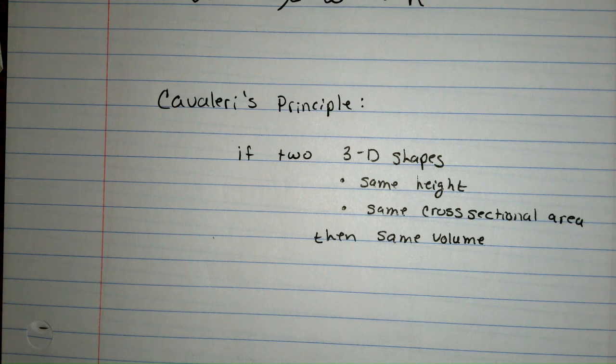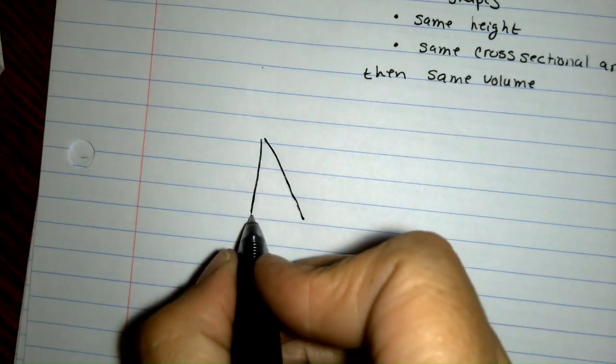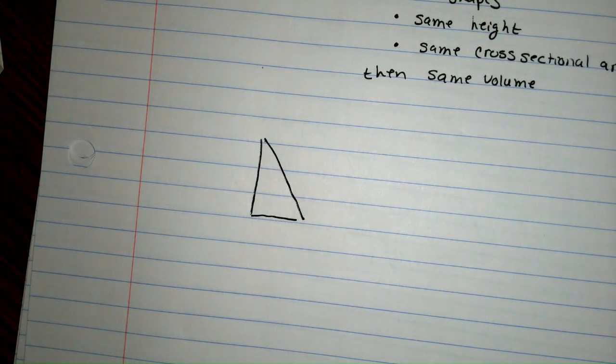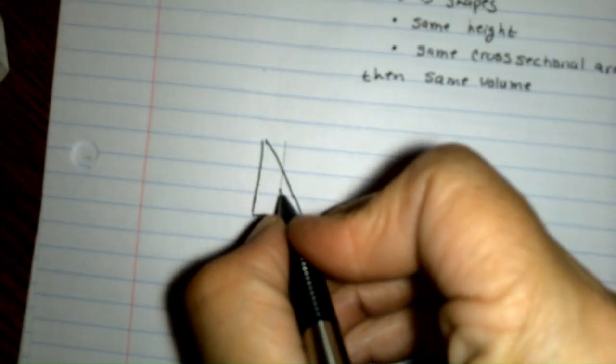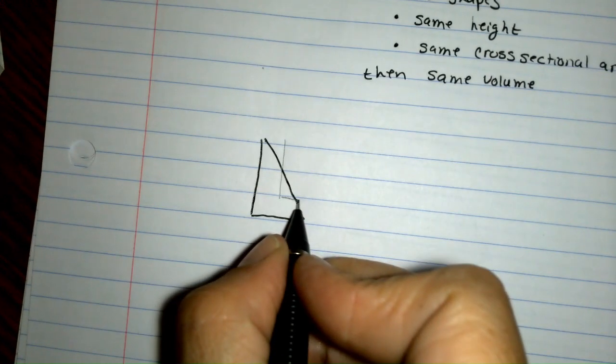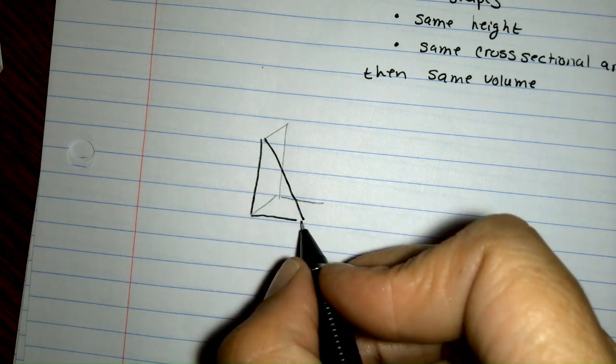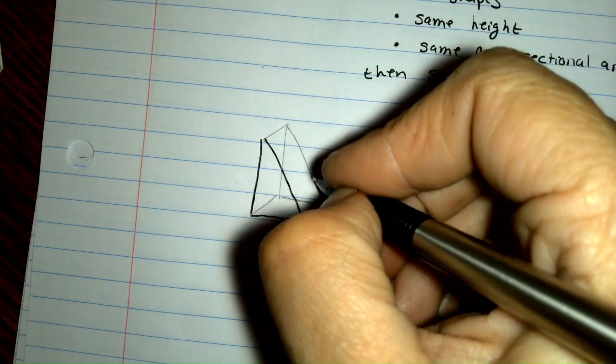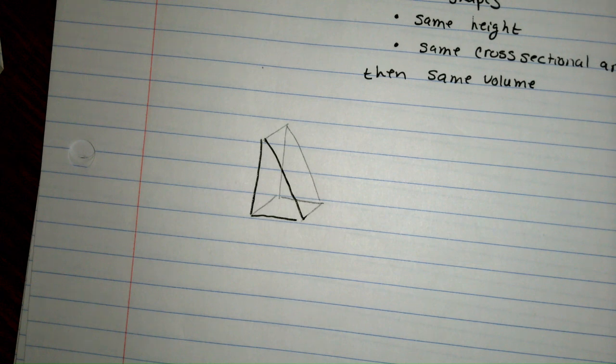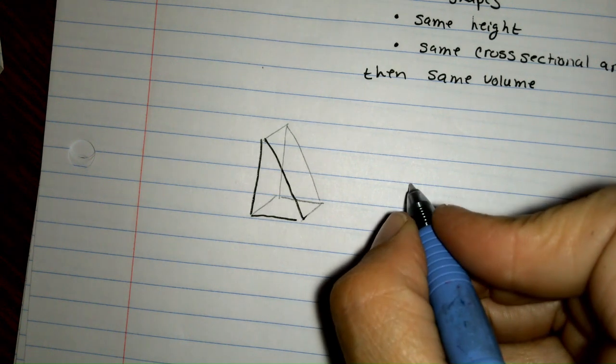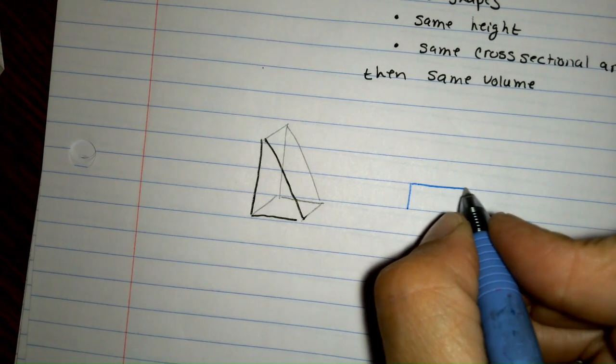What could that mean? Okay, well, let's go ahead and look at a triangular prism. So the triangle would be the cross section, right? Versus a rectangular prism.